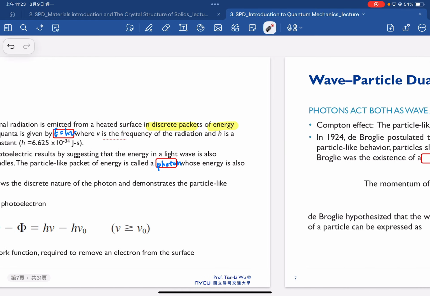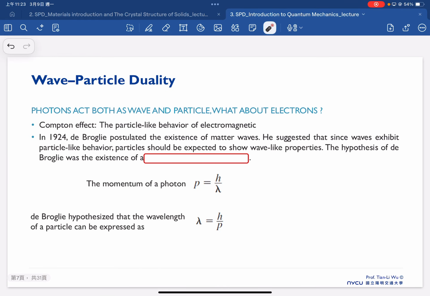Another well-known one that you should already know is the wave-particle duality, because photons act as both wave and particle. But how about electrons?